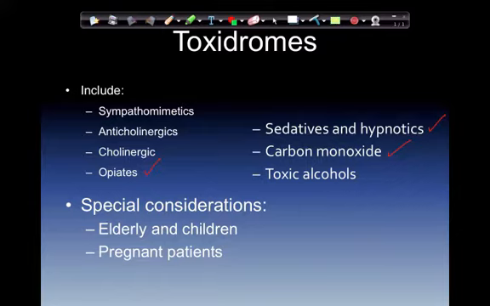So if a kid gets a hold of an adult-sized medication, it generally throws them into the toxic ranges quite quickly. Pregnant patients are also a problem because it's always difficult to treat mom and kiddo simultaneously. Some things travel across the placental barrier, some things don't. So we always have to take that into consideration.